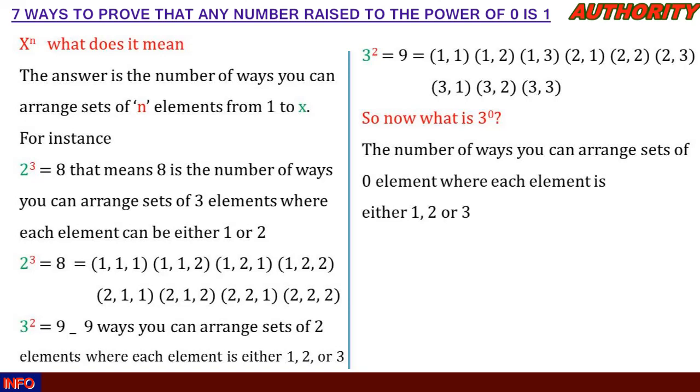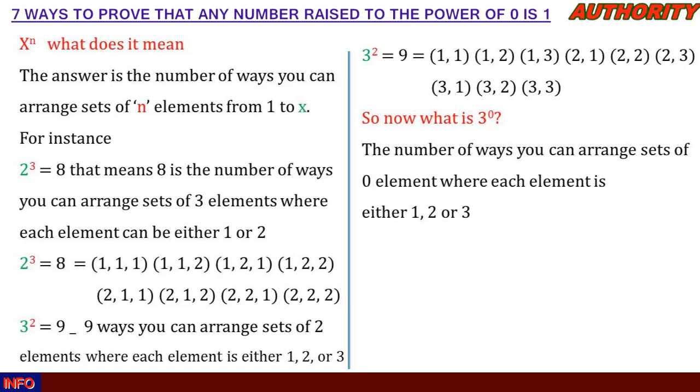Yes. We say it is the number of ways you can arrange a set of 0 elements. We're going to have sets, and those sets are going to have 0 elements, of which those elements are either 1, 2, or 3. Please pay attention. This is logical.